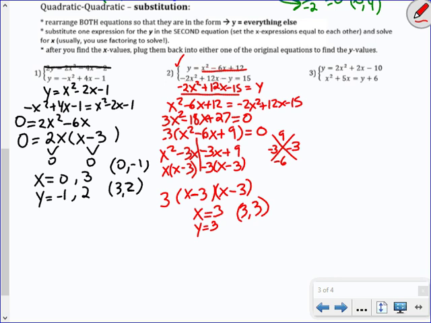Okay, so everybody understand how we got 3, 3? Alright, try this last one by yourself. Give you a few minutes, I'll put the answers on the board so you guys can check to see if you did it correctly. Move on to the next process.